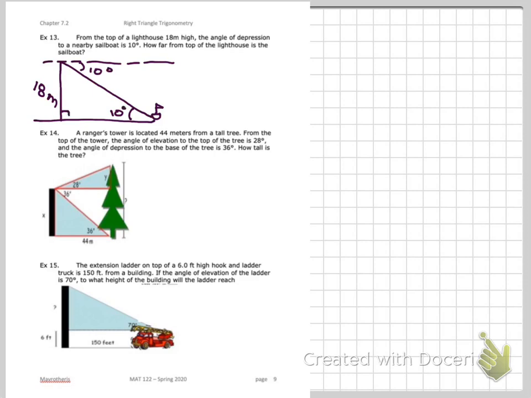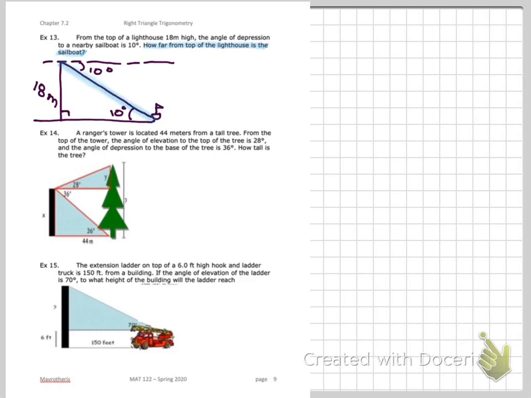Anytime we talk about angle of elevation or angle of depression, we are assuming that we are using a right triangle. That lighthouse is coming straight up out of the ground. So let's take a look at the information that we are trying to find. We want to figure out how far it is from the top of the lighthouse to the sailboat.